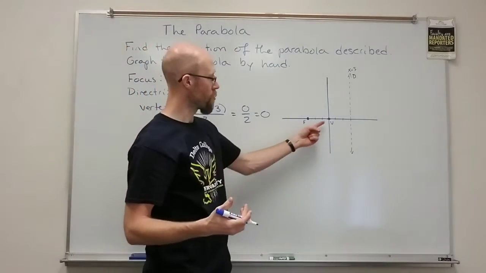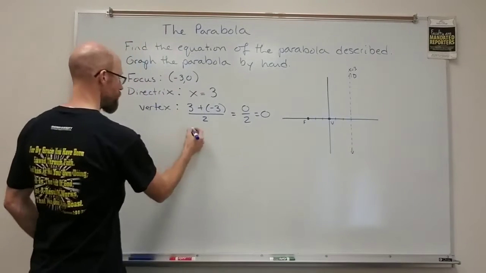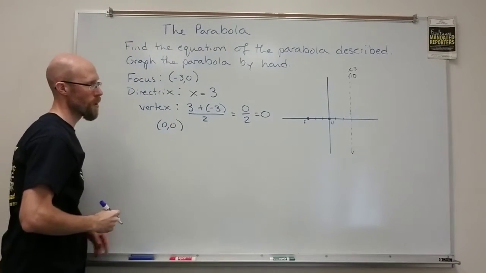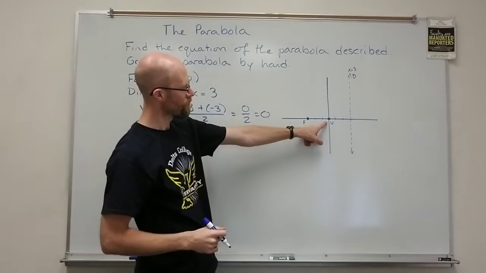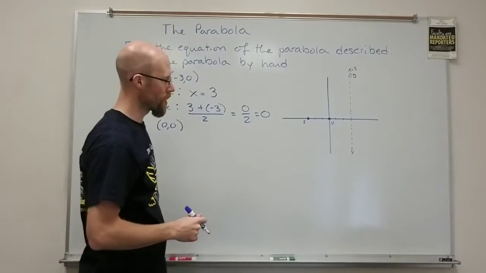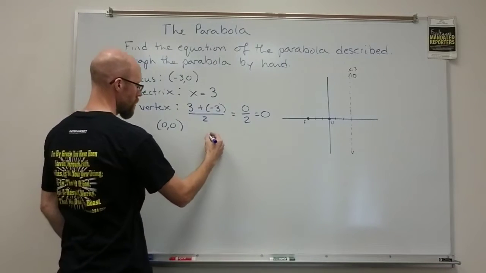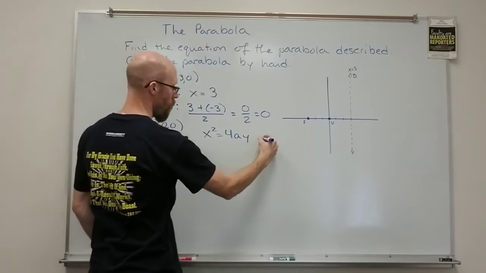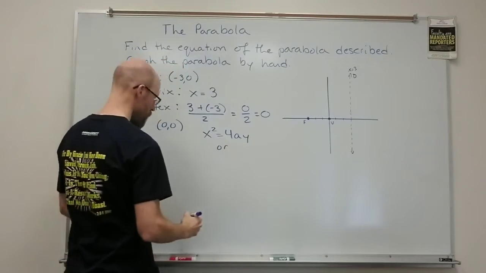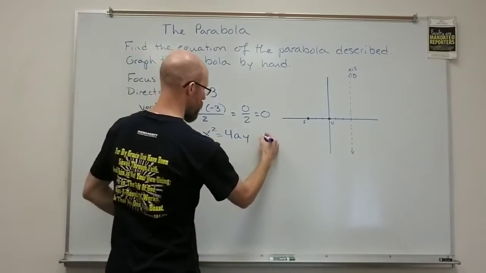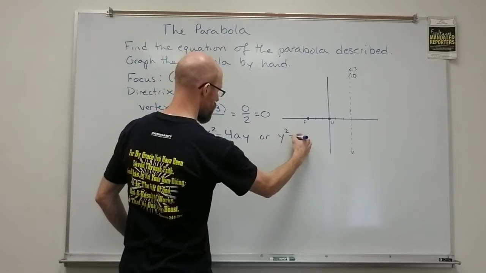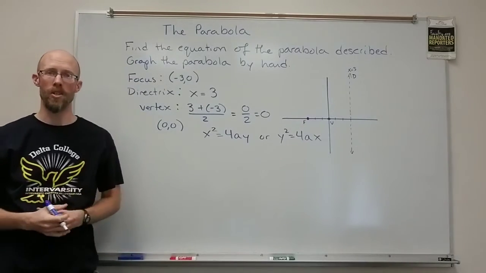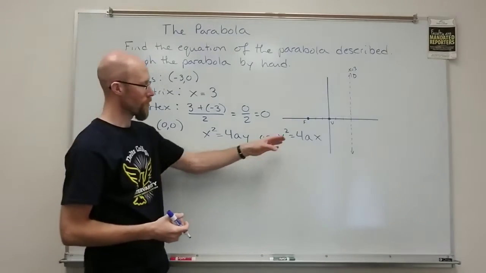Notice, first of all, the vertex being at the origin, since the vertex is at 0, 0, I know that my equation is either going to be x squared equals 4ay, or, I'm going to write this next to it, it could be y squared equals 4ax, and it depends upon the orientation of the parabola.